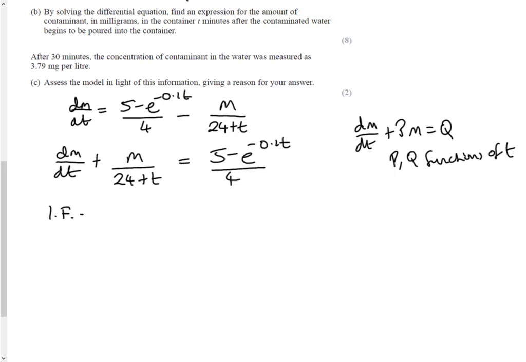So our integrating factor is e to the integral of P, in this case dt, which is e to the integral of what's in front of M, so that's going to be 1 over 24 plus t.